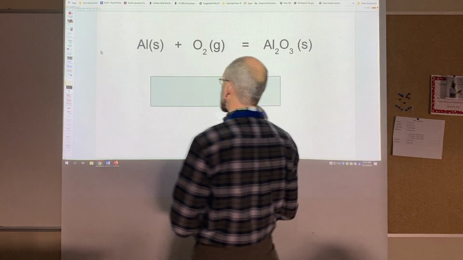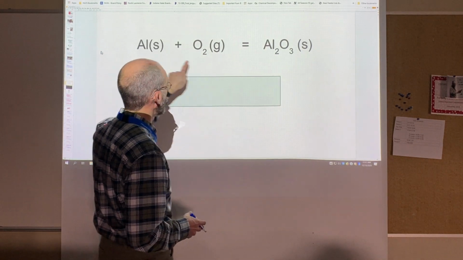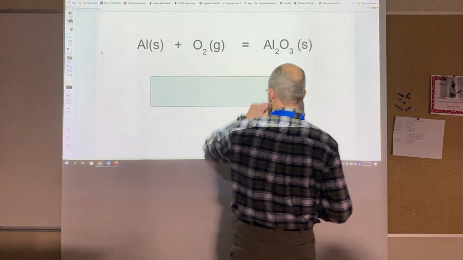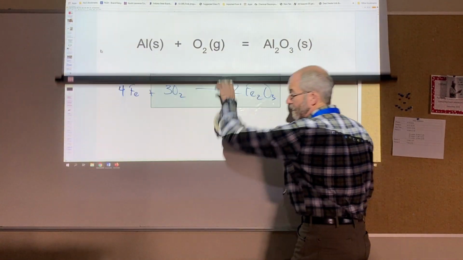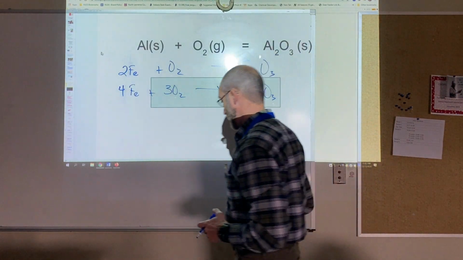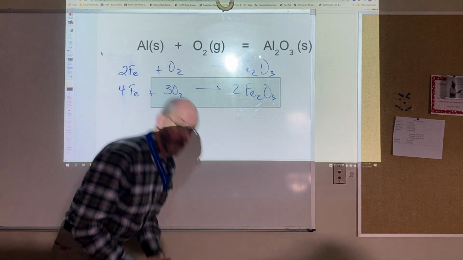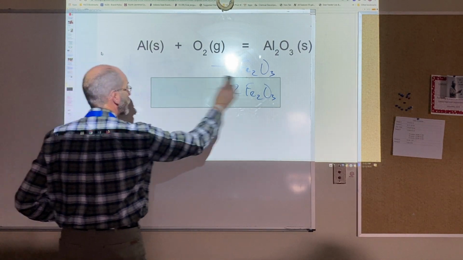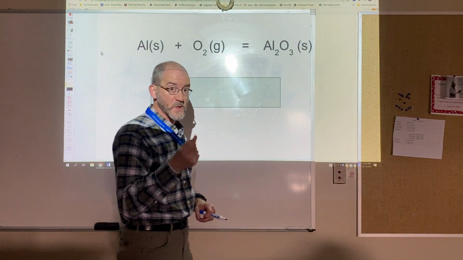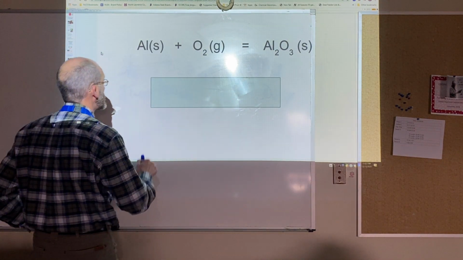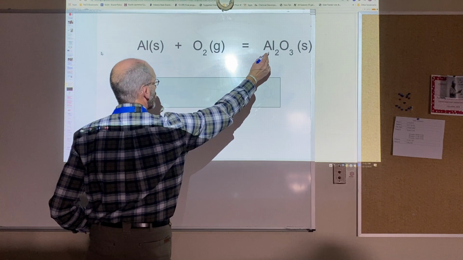All right, so you look at this and what do you say? You say, well, okay, we're not balanced. We can tell. This is very similar, in fact almost identical, to the last problem that we did. So what are we going to do? Well, we're going to attack it the same way we attacked it before, and so hopefully you'll be a step ahead of me now. You're going to say, okay, well, what if I wanted 2 aluminums?